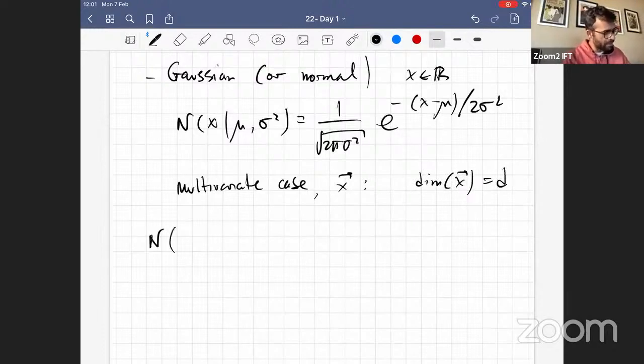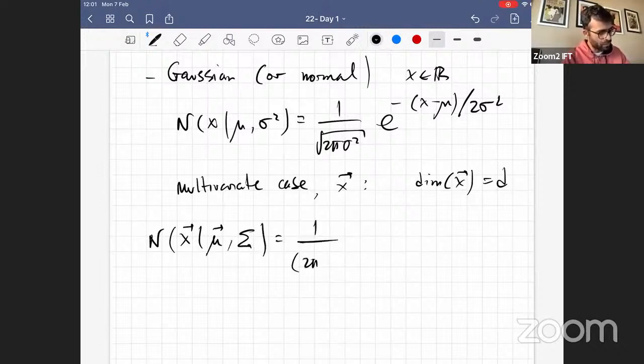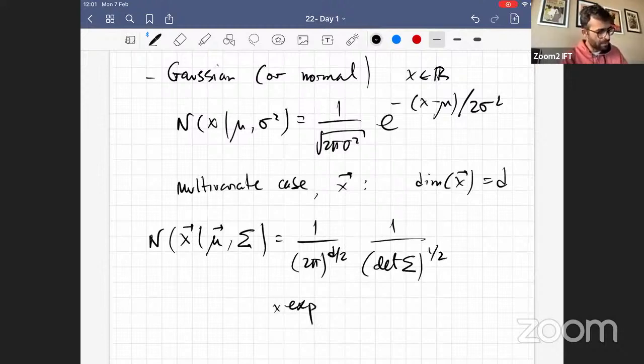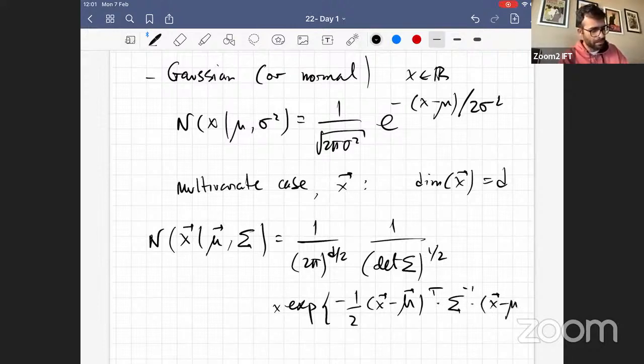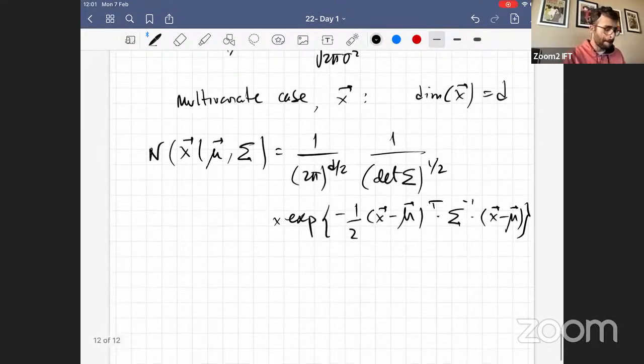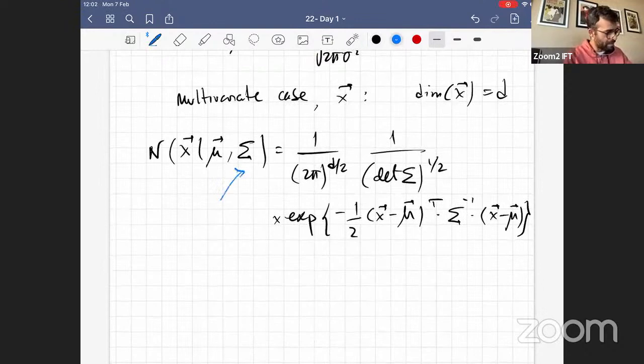Then the multivariate normal distribution of x, given some vector of means and some covariance matrix, is just 1 over (2 pi) to the d halves, times 1 over the square root of the determinant of the covariance matrix, times the exponential of minus 1/2 of x minus mu, transpose, the inverse of the covariance matrix, times x minus mu. And this is the covariance matrix.